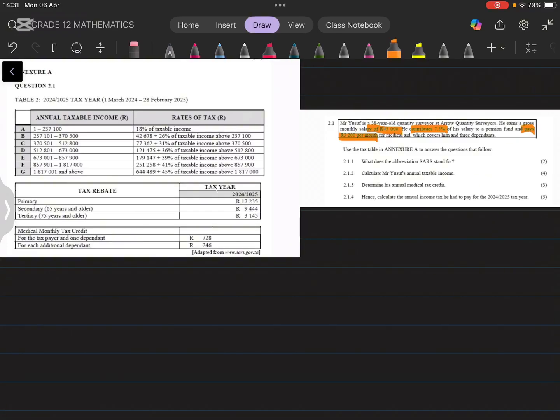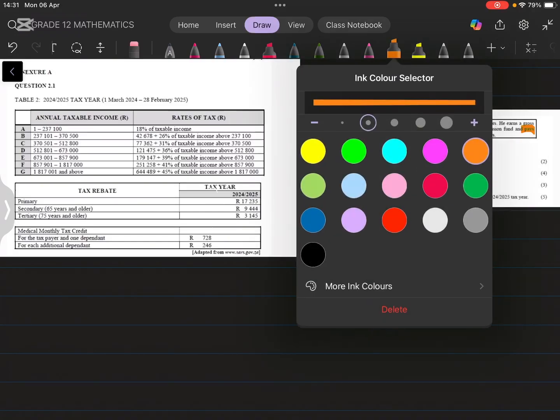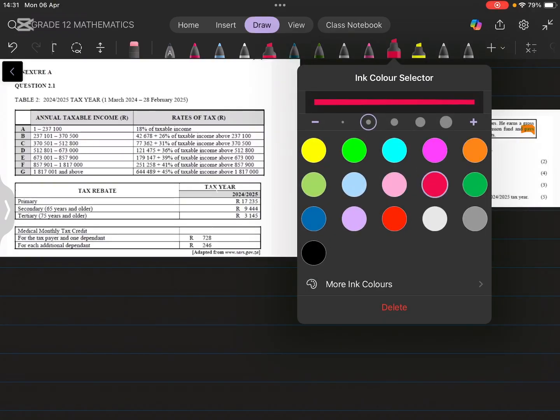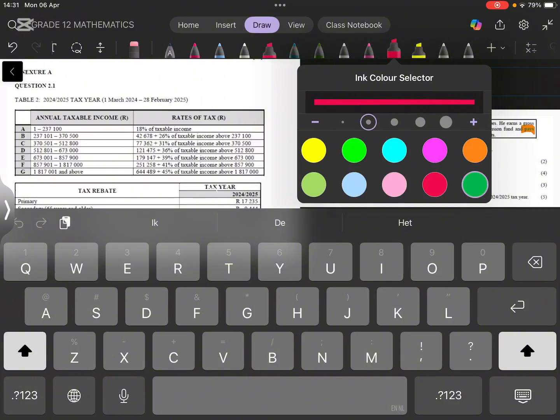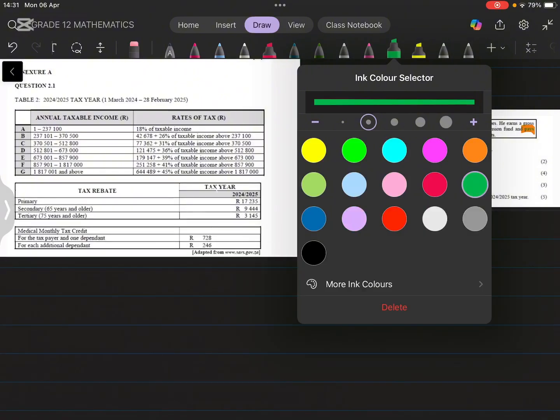And what we said is that this amount of money that he pays to medical aid does not have any effect to the medical tax credit. That tax credit is now going to affect the tax payable of Mr. Yusuf, right?